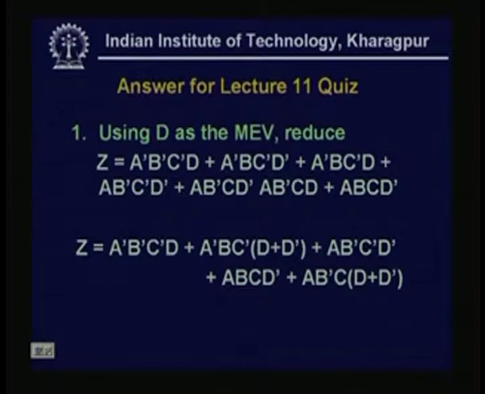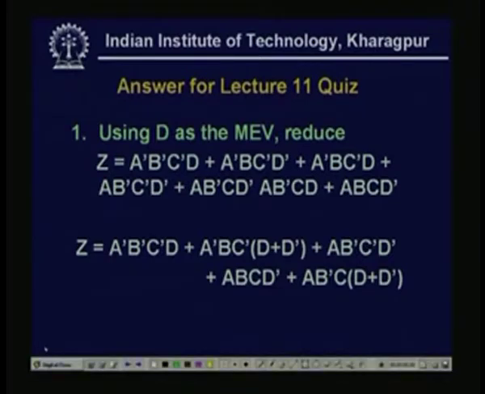There was only one question: using D as the MEV, reduce the function Z equal to A'B'C'D' plus A'BC'D' plus A'BC'D plus AB'C'D' plus AB'CD' plus AB'CD plus ABC'.